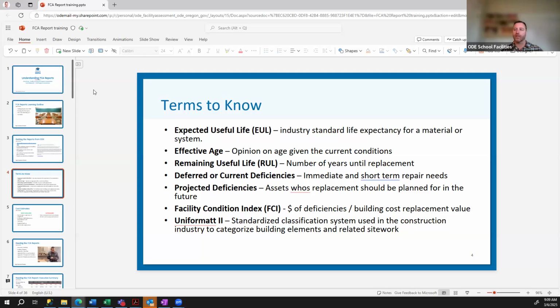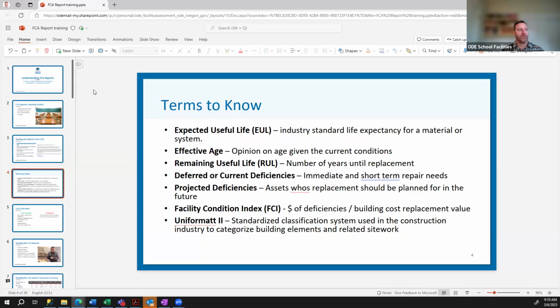So you can rank your buildings and prioritize them in that manner. And essentially that is the cost of deficiencies, or the cost to repair the building, divided by the cost to replace the entire building.